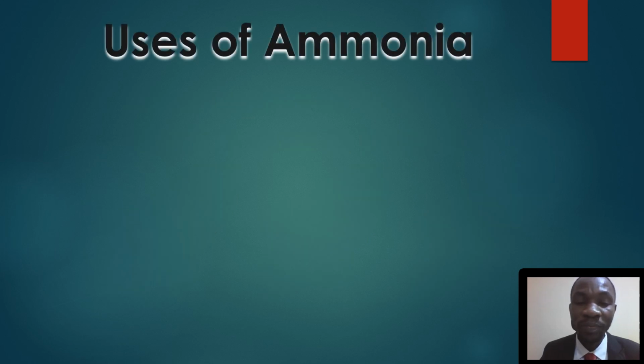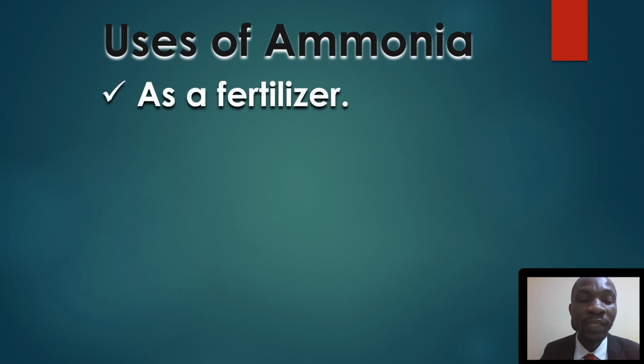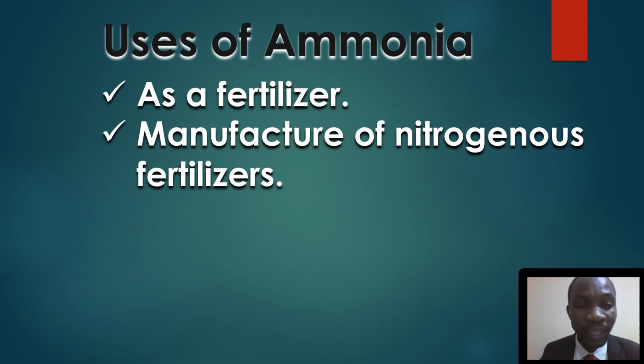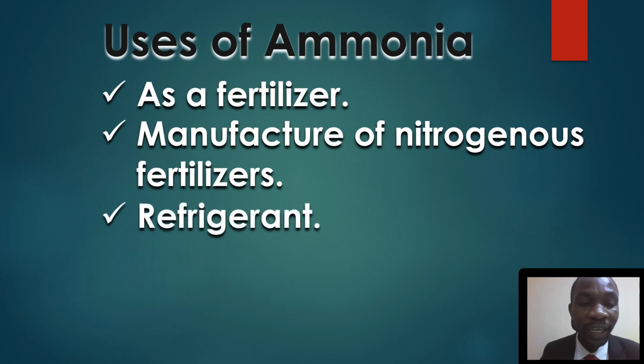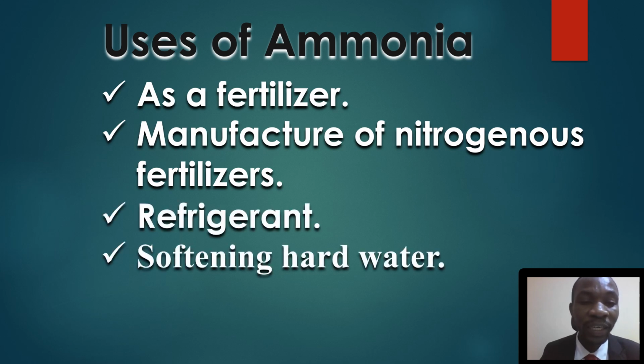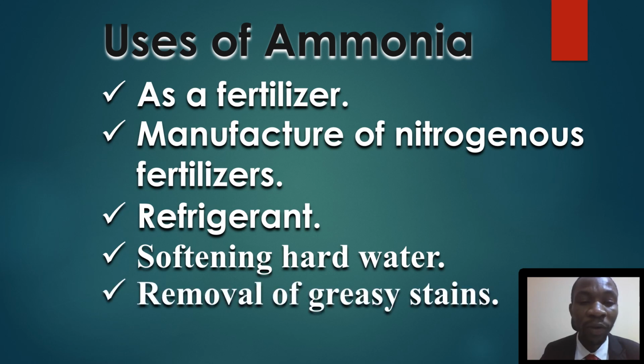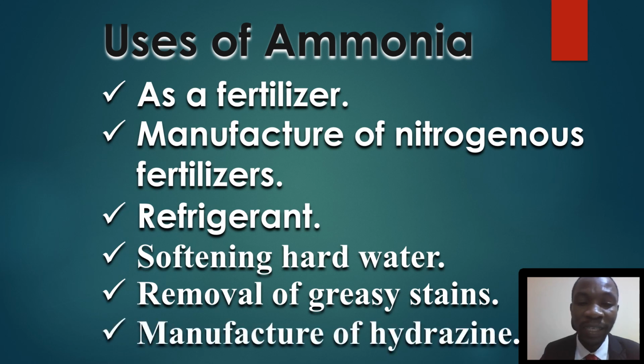In summary, the uses of ammonia include: it can be used as a fertilizer, to manufacture nitrogenous fertilizers, as a refrigerant, in the softening of hard water and removal of greasy stains, and lastly, to manufacture hydrogen. And that is the end of the Haber process.